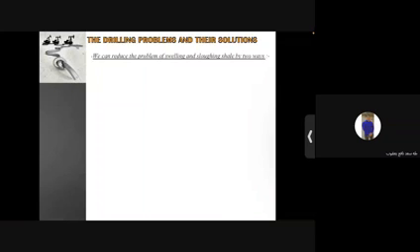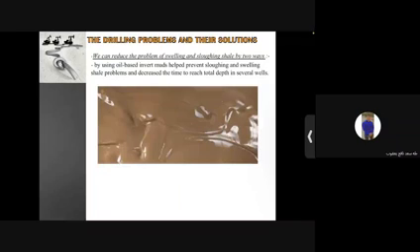The problem of swelling and sloughing shale can be reduced in two ways. The first way is by using oil-based invert mud, which helps prevent sloughing and swelling shale problems and decreases the time to reach total depth in several wells, as you can see in this figure.